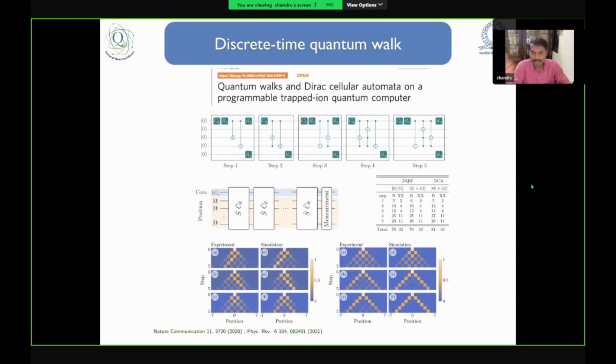But if I change the mass, which means I'm changing the coin operation parameter, I can see how the dynamics is going to change if the mass is changed, or if my speed of light is altered, because mass is related to the speed of light. Those combinations can be effectively captured and very nicely simulated using a quantum walk algorithm.